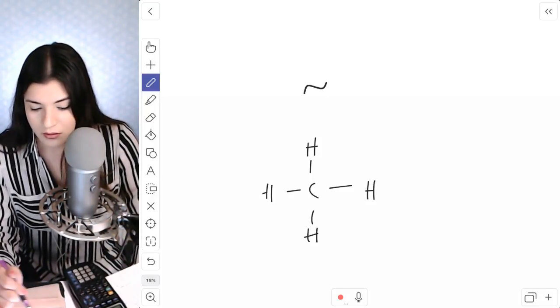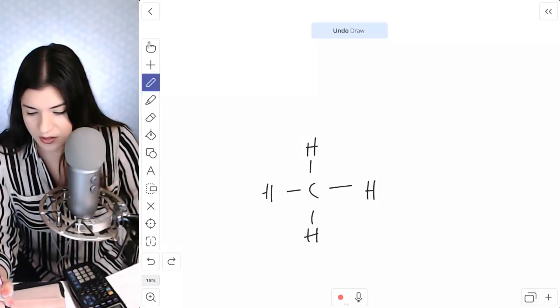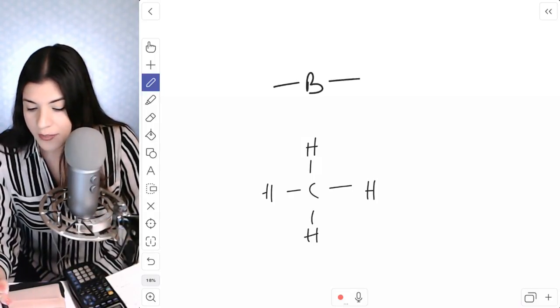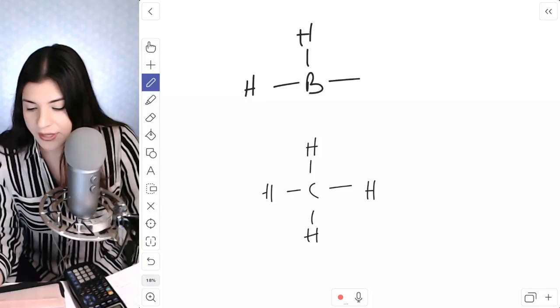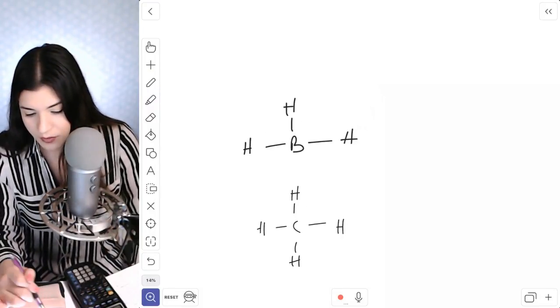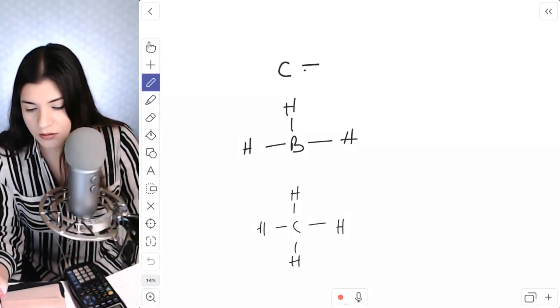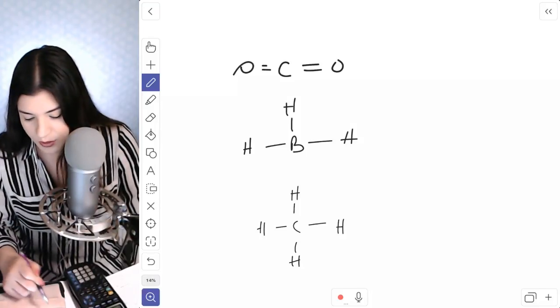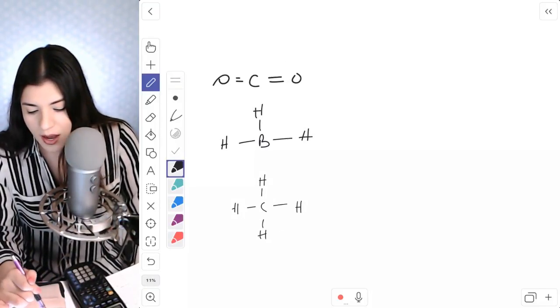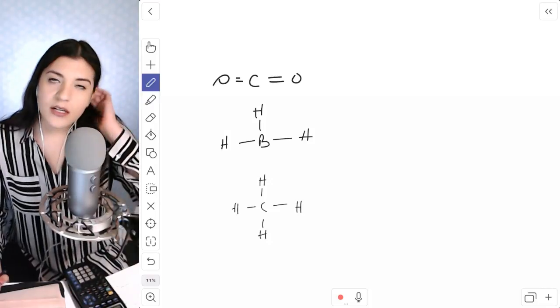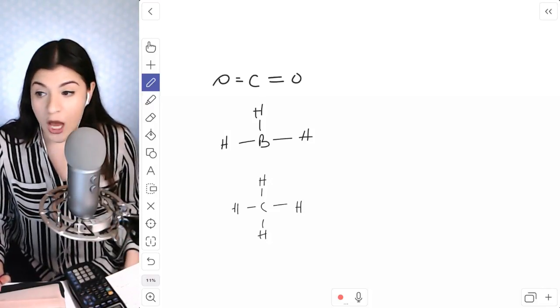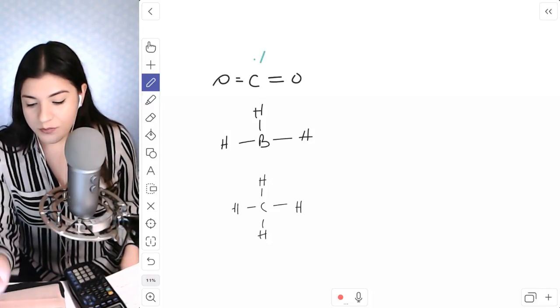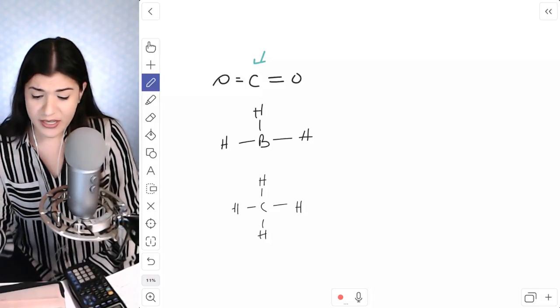Let's put boron, trigonal planar. We'll do something linear and so on. I'm going to look at all the different central atoms here and figure out what the hybridization would be. In this case, our central atom would be carbon.